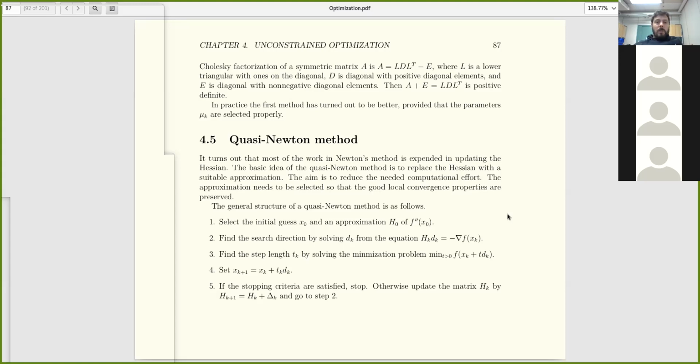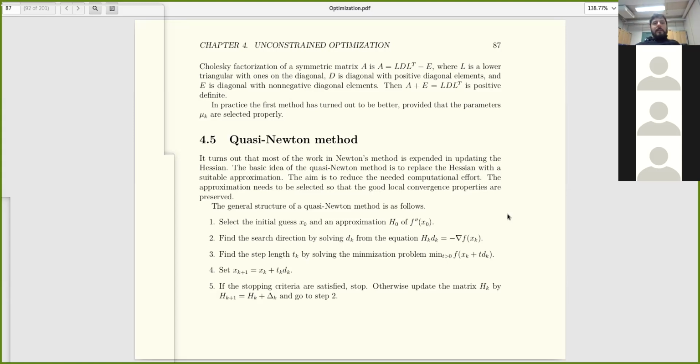And it turns out that if you have a large number of variables, then most of the computational work in calculating the Newton method is done in updating the Hessian. So you calculate the new Hessian's value for each of these components of the Hessian, and that takes a lot of time, a lot of computational effort.